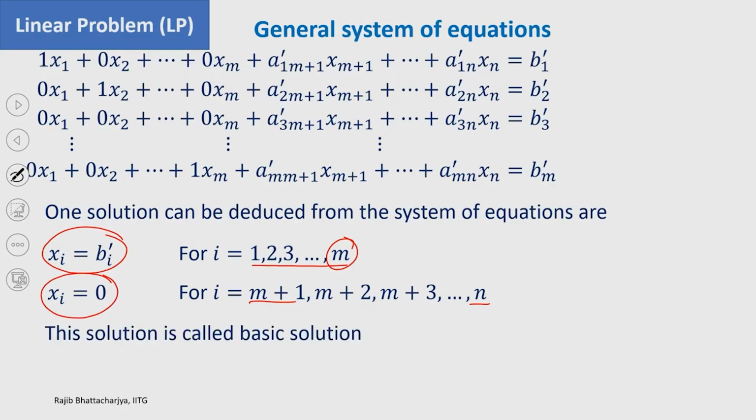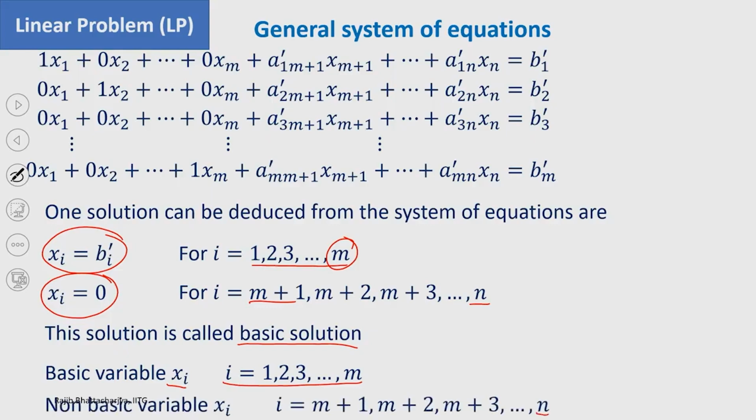Optimization is basically to find the best solution out of these combinations. As I said, this solution is called a basic solution. Here the basic variables are x i, that is i equal to 1 to m, and the non basic variables are for i equal to m plus 1 to n.